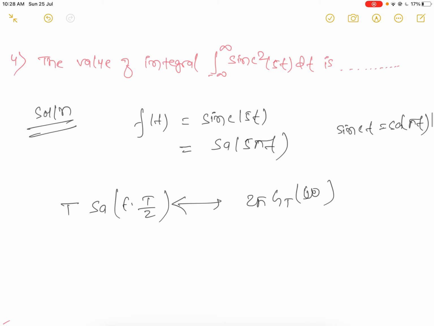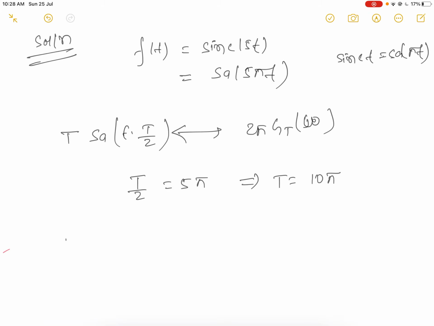So here comparing with the above, T by 2 is equal to 5 pi, or capital T is equal to 10 pi. Okay, so 10 pi, so sinc of 5 pi t is 2 pi g of 10 pi omega.